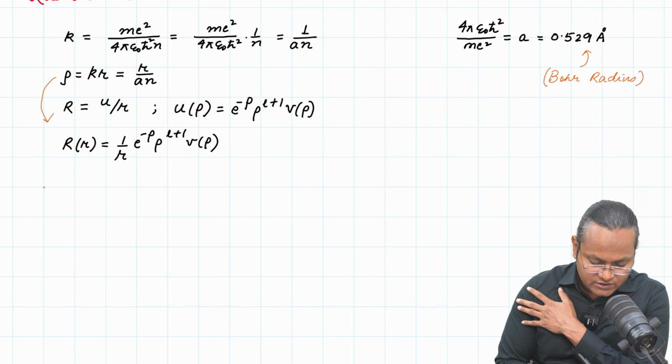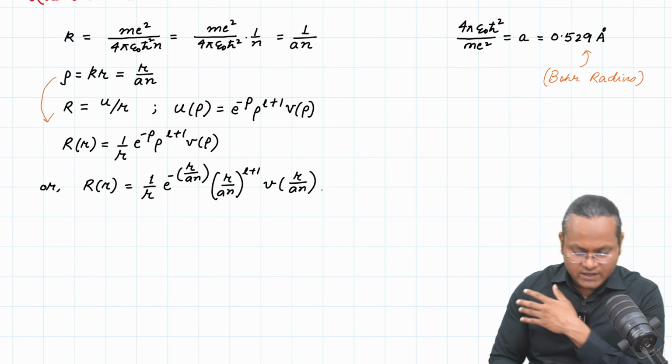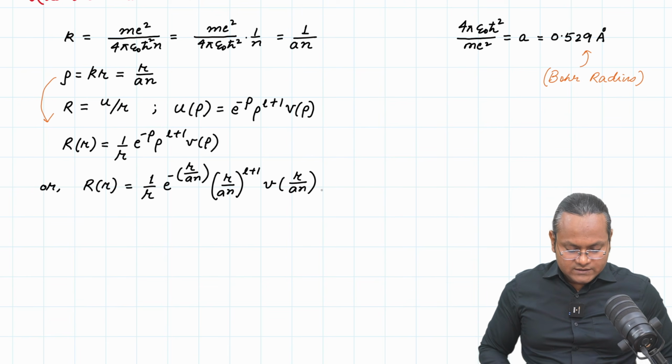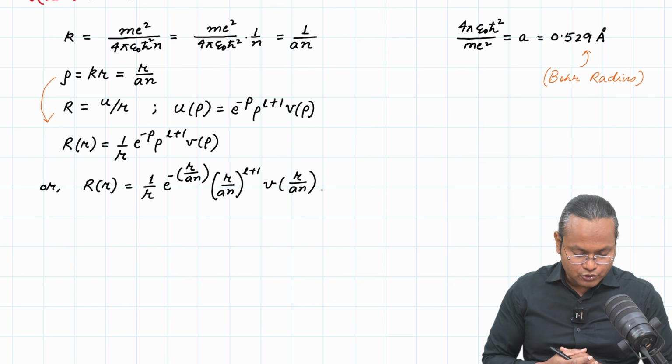If I substitute this here, capital R is equal to 1 upon r, e to the power minus r upon a n, and then you have r upon a n to the power l plus 1, and of course you have v as a function of r upon a n. Now we have a simpler, finalized look at the radial solutions.